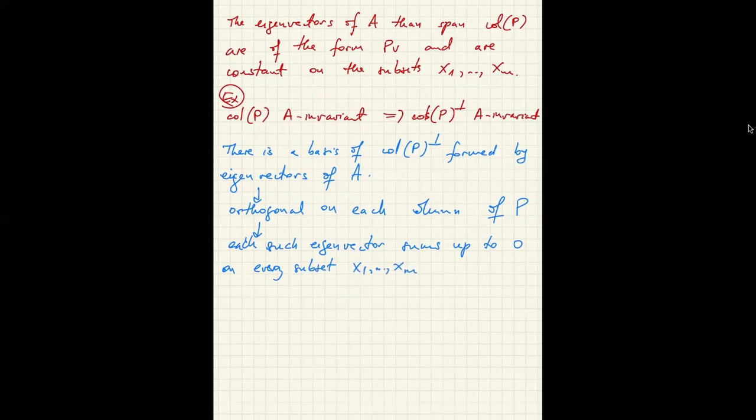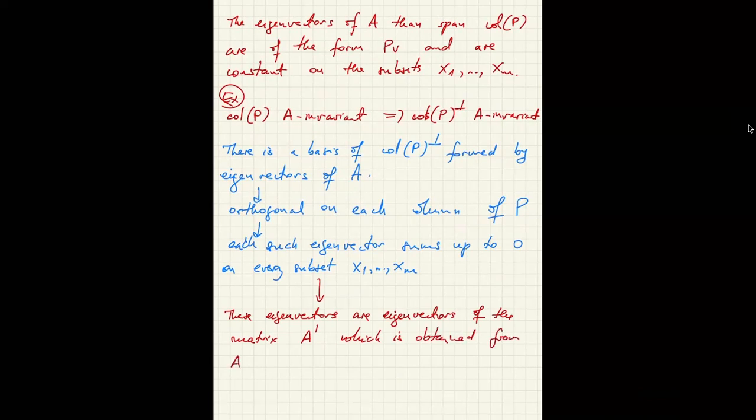Okay. And now this can be rephrased in the following way that may be useful in some situations: these eigenvectors are eigenvectors of the matrix A prime, which is obtained from A by changing the, let's say, ij block.